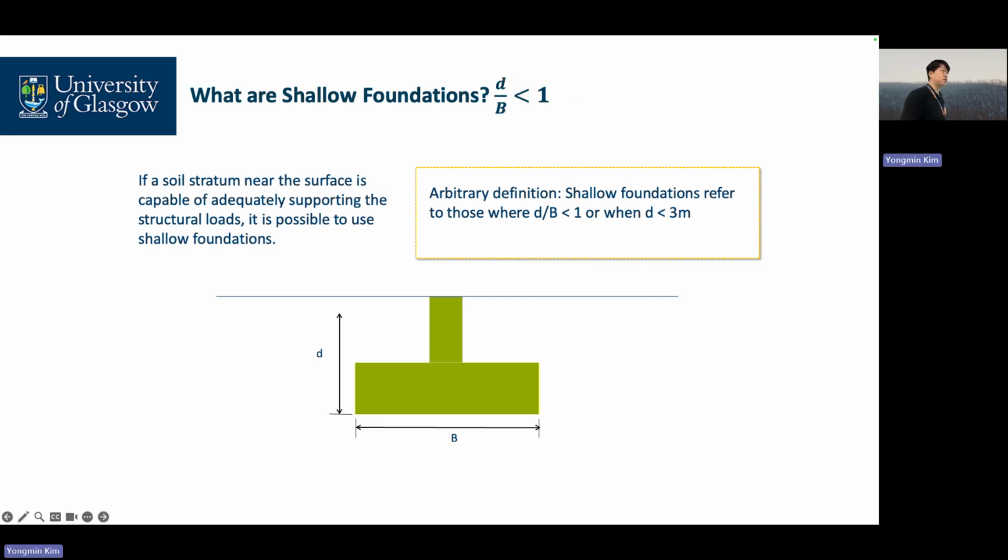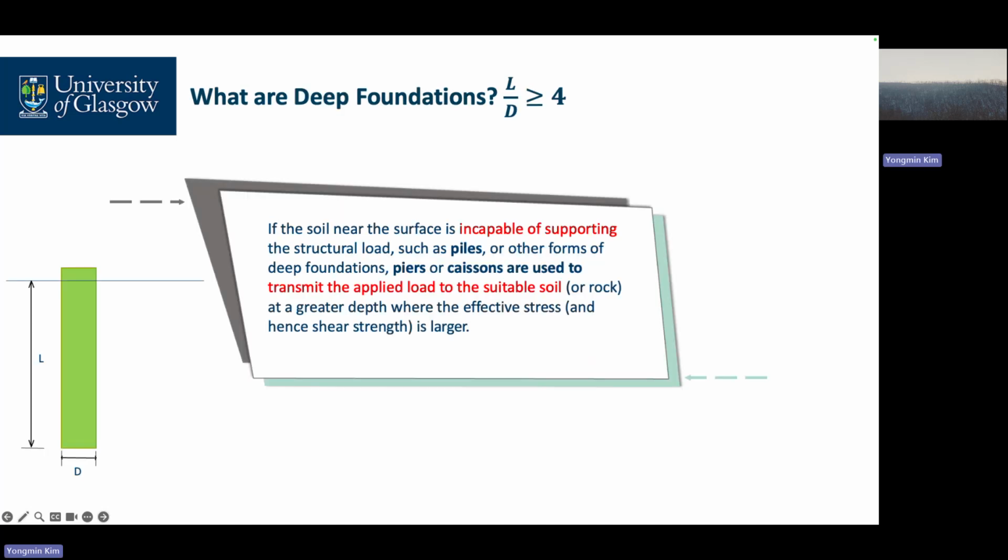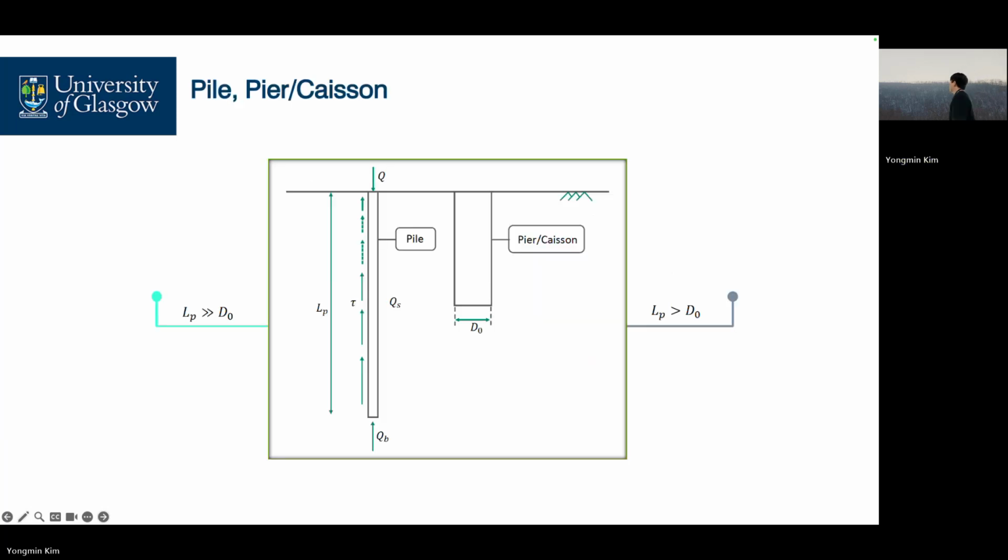This is a shallow foundation. I don't want to talk too much on that. For deep foundations, if the length to diameter ratio is greater than 4, we consider it a deep foundation. Are these also deep foundations?